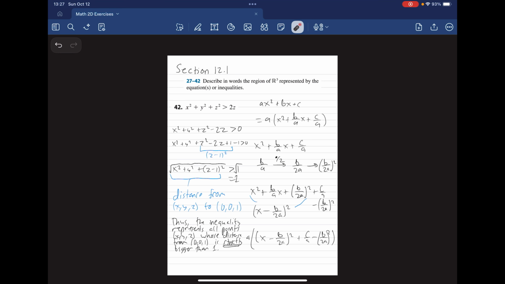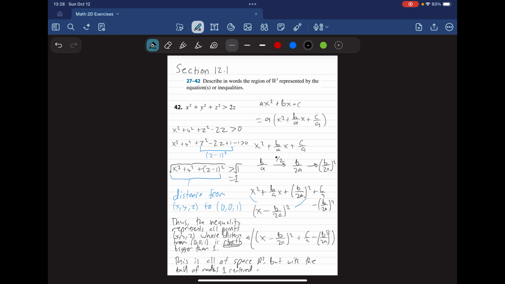And I'm going to give you guys a 3D representation using software of this region so that we can get a better feel for what this looks like, and to confirm what I just said, which is that this is all of R3, all of space, but with the ball of radius 1 centered at 0, 0, 1 removed.